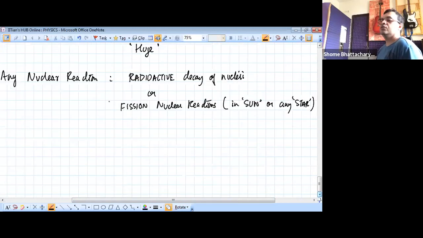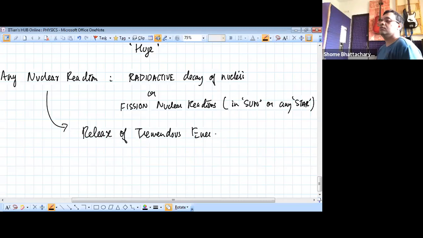The release of nuclear energy that happens in this kind of thing, any nuclear reaction, the release of tremendous energy, that is nothing but binding energy, or nuclear energy.